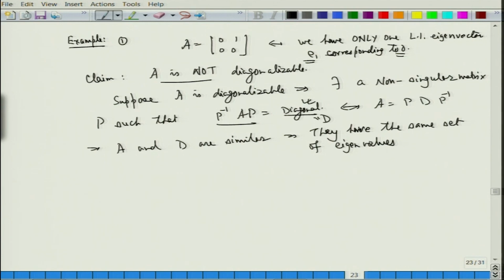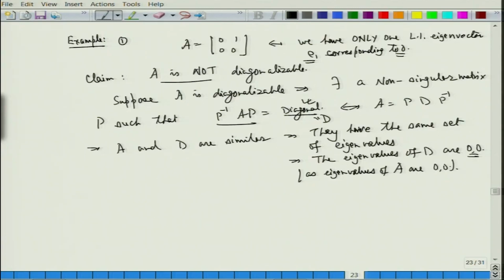What are the eigenvalues of A? The eigenvalues of A are 0, 0, so the eigenvalues of D are 0, 0. Since D is a diagonal matrix and the eigenvalues are 0, D must be the 0 matrix.